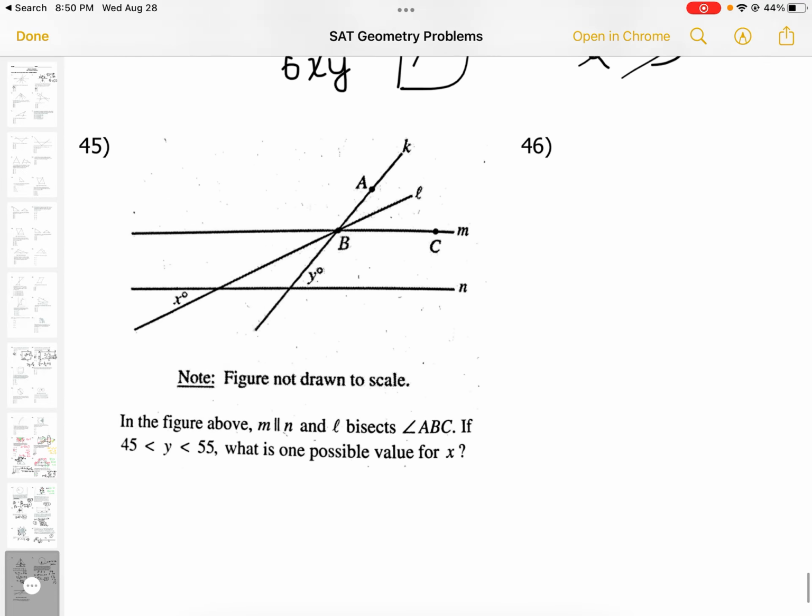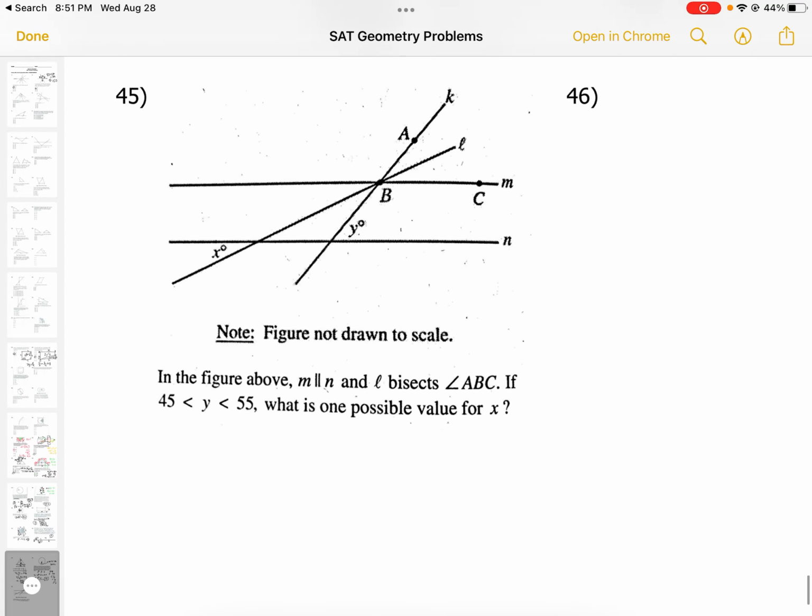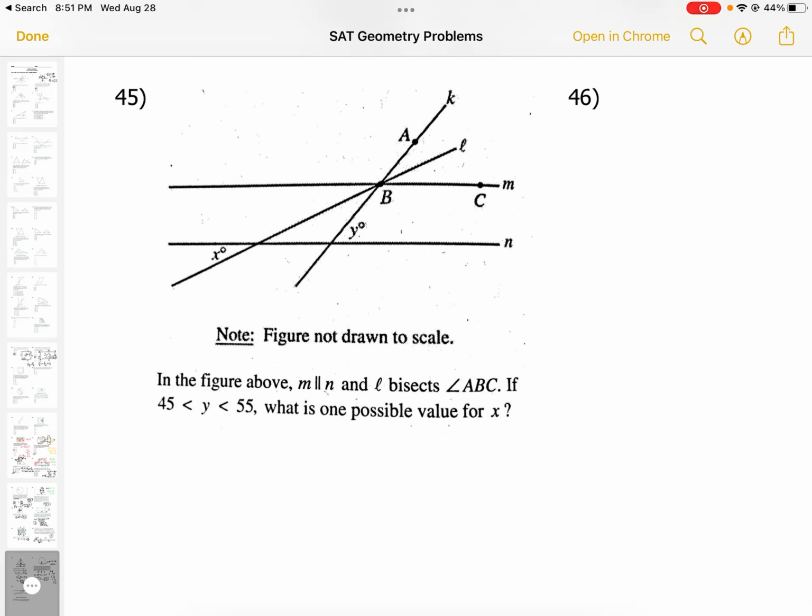Alright, number 45. In the figure above, M is parallel to N, and L bisects angle ABC. If y is between 45 and 55, what is one possible value for x? Well, okay.